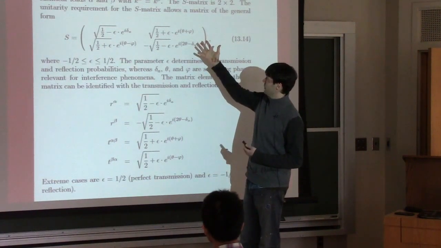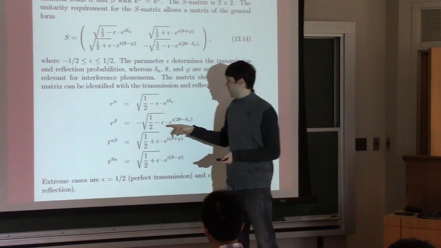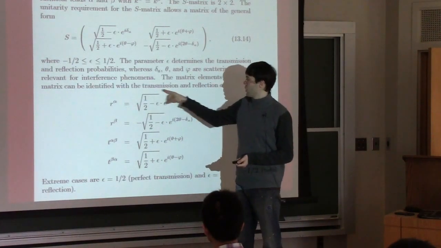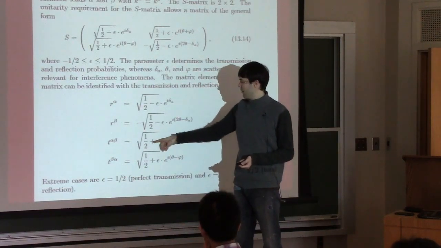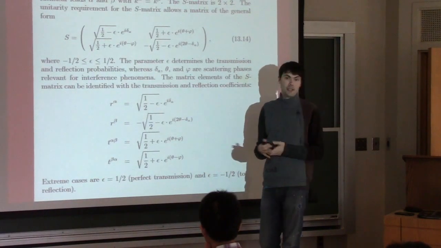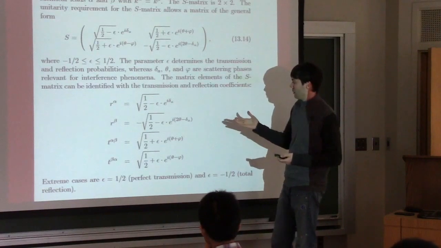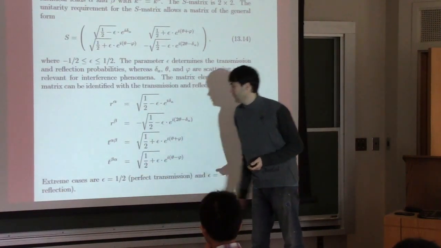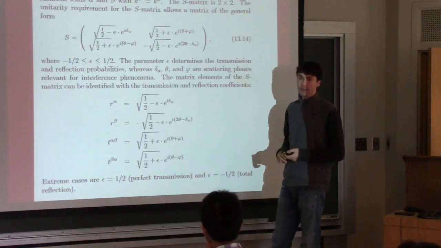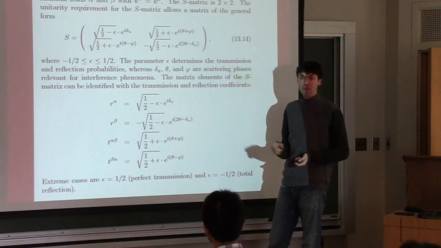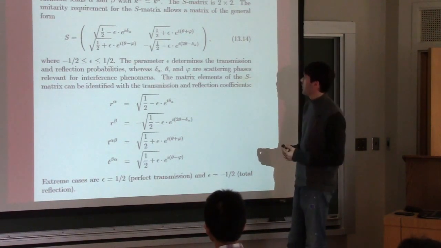He derives the values of these 4 matrix elements, and basically the reflection ones have square root of 1/2 minus epsilon, and the transmission ones have square root of 1/2 plus epsilon, where epsilon is parameterizing the transmission or reflection of this single mode. So for example, if epsilon is 1/2, we have a perfect transmission. And if epsilon is minus 1/2, we have a total reflection. And if epsilon is somewhere in between, we have a tunneling problem.